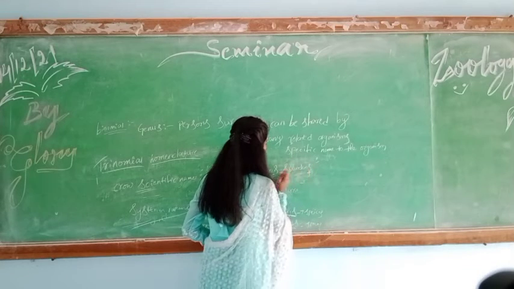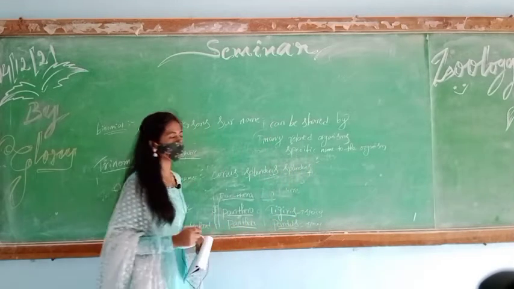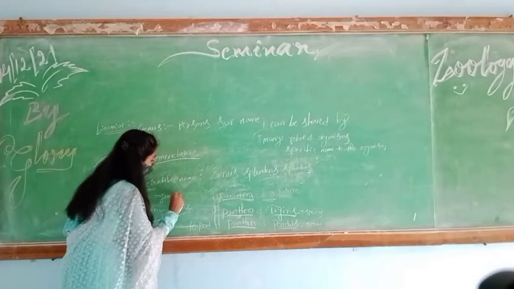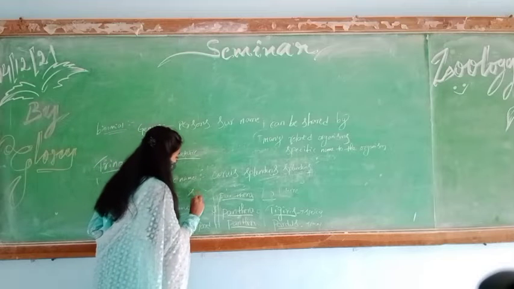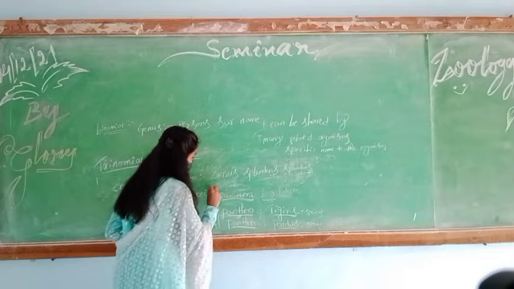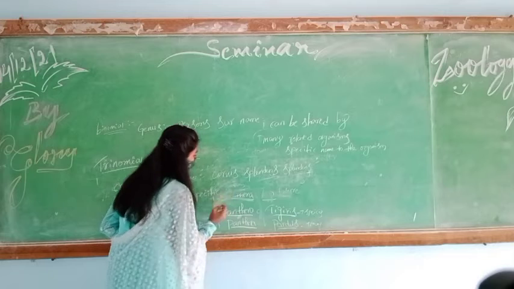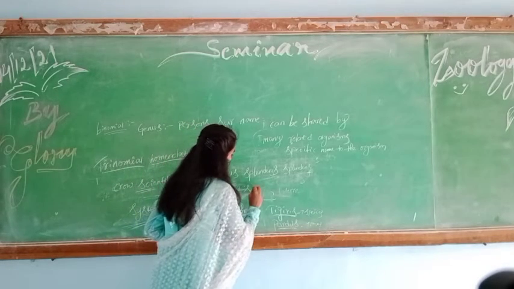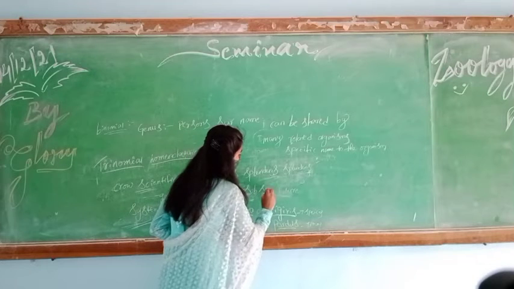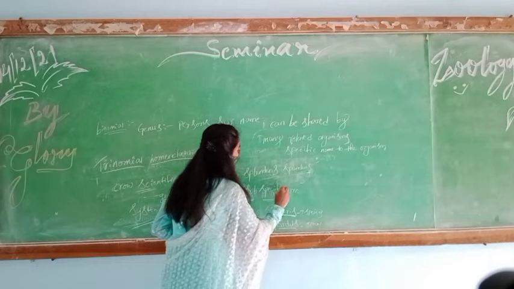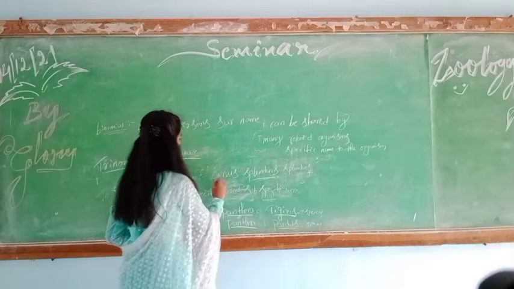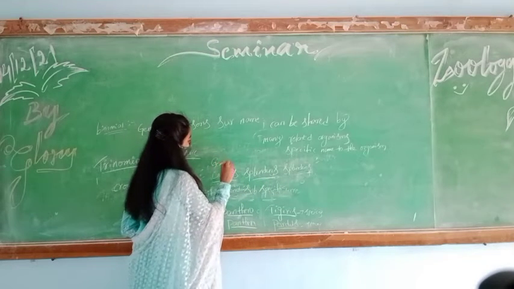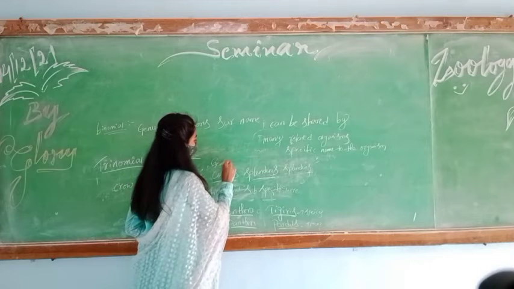In this trinomial nomenclature, every organism is provided with three words, that means generic name, specific name and subspecific name. Here this would be the generic, that means we can also call it genus or generic.